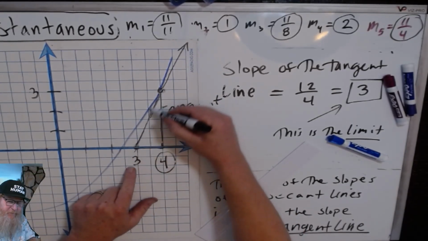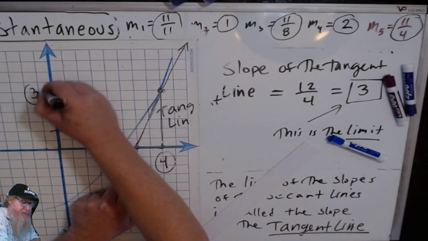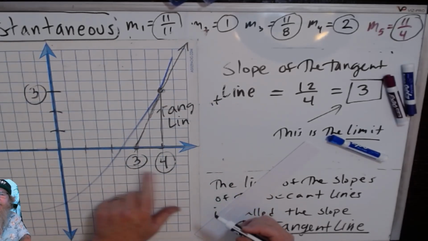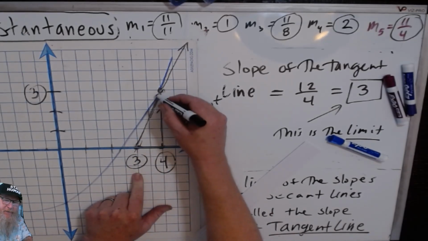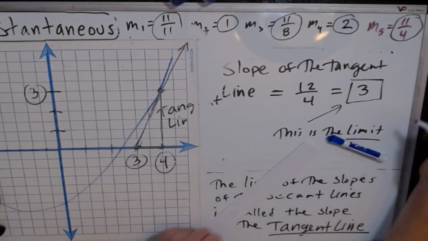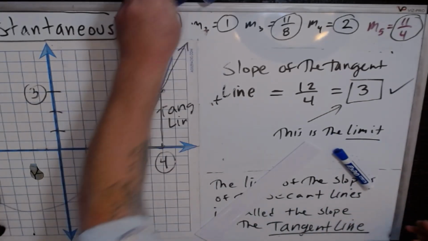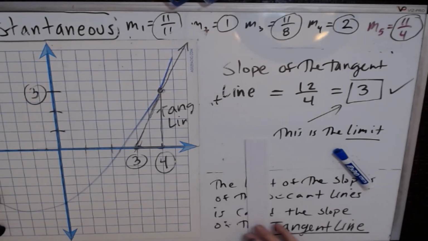So the slope of this line is 3 over 1. So the distance here is 1. And so I'm just verifying, check. Once you get rid of all those other lines, it's a little bit easier to see what's going on.